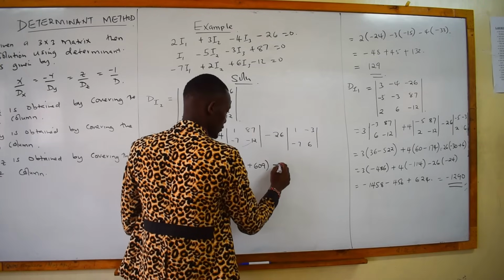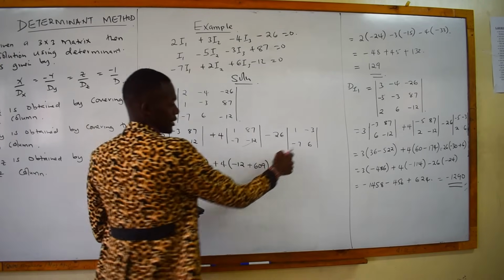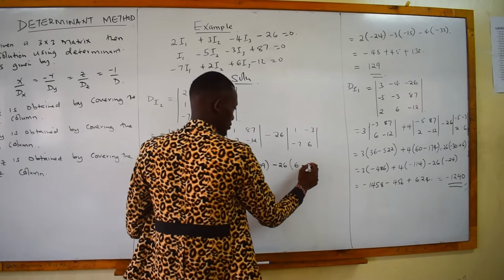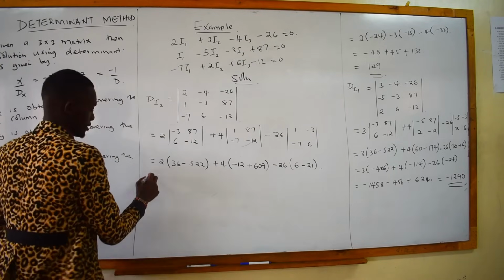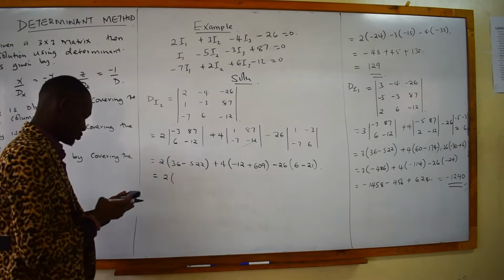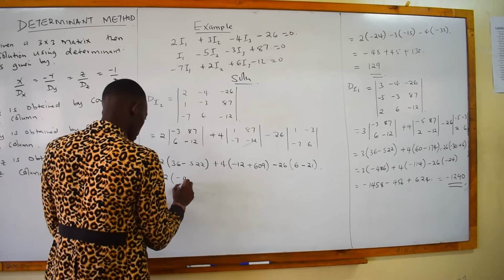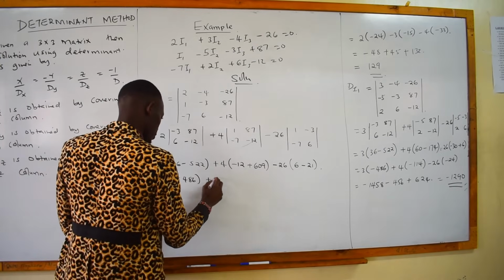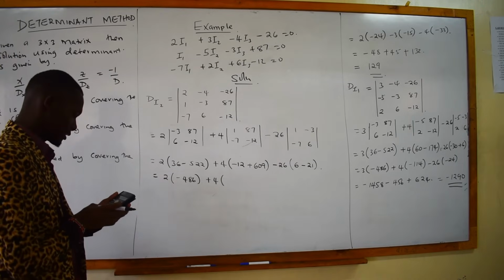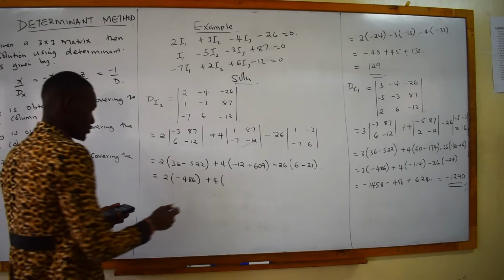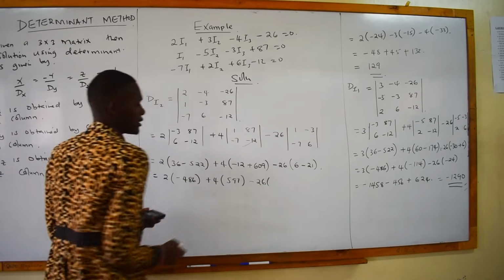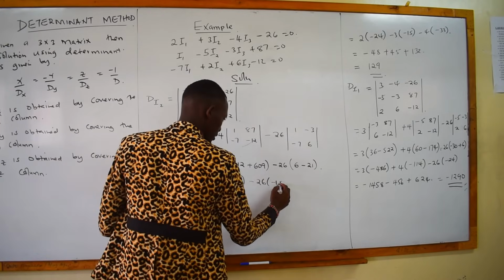Then you have negative of 26, we have 6, then subtract. This and this is 21, so this remains being 21. So we shall have 2, then 36 minus 522 gives you negative 486. Then plus 4, negative of 12 plus 609 gives you 597. Then negative of 26, then have negative of 15 here.